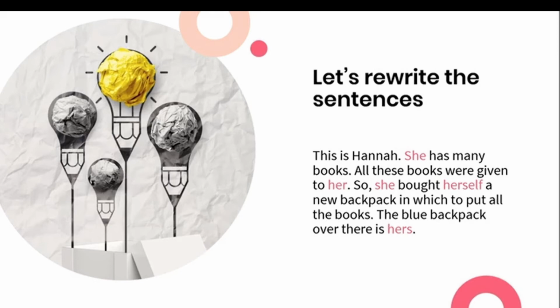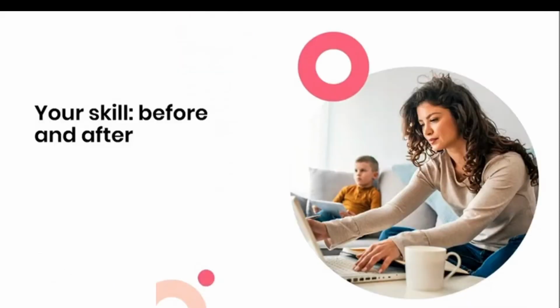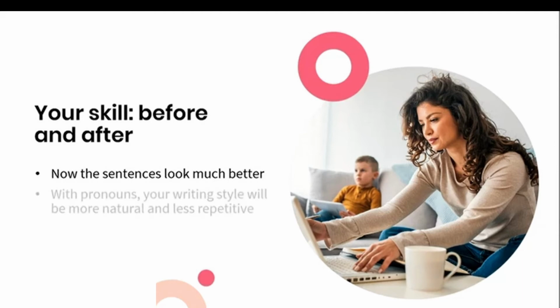The blue backpack over there is hers. Amazing! Now that we've added the pronouns, the sentences look and sound far better. Now that you've finished this core topic, your writing style will be more natural and less repetitive due to your correct use of pronouns. Well done!